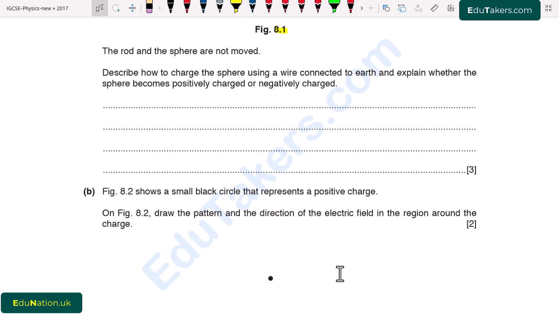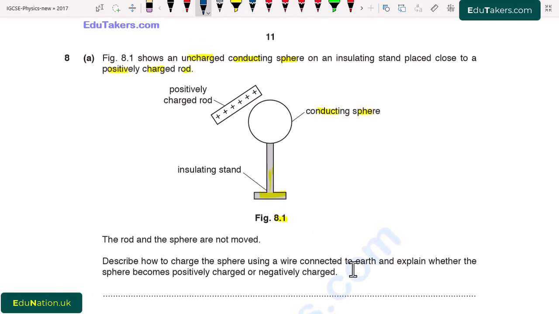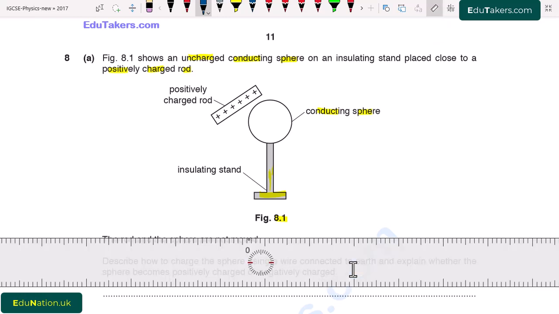Describe how to charge the sphere using a wire connected to earth and explain whether the sphere becomes positively charged or negatively charged. So first of all, we have to connect the conducting sphere with the earth wire. So first of all, I make earth wire here.